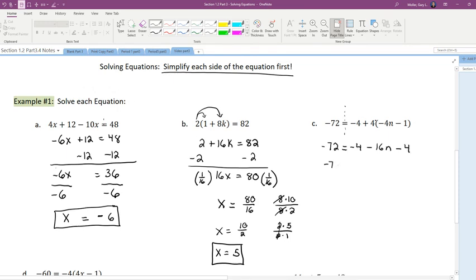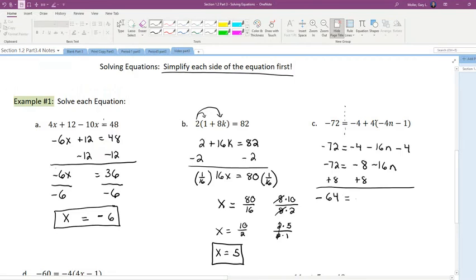So I have negative 72 equals negative 8 minus 16n. I've got to get rid of this minus 8, so I'm going to add it on both sides. And I'm going to get obviously a negative number, and then I just need to do 72 minus 8, which is going to be 64. So it's negative 64.